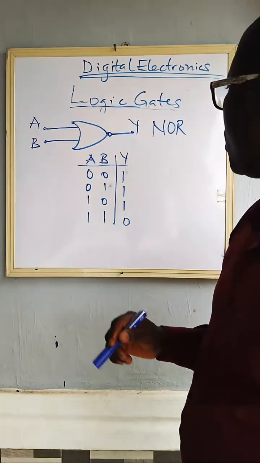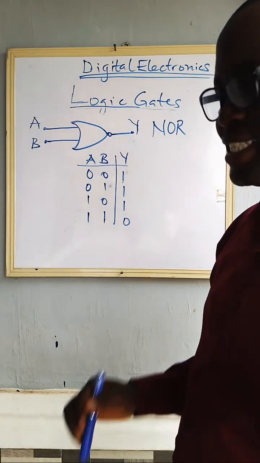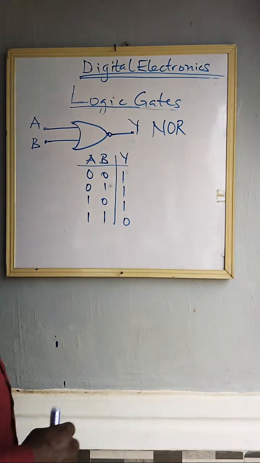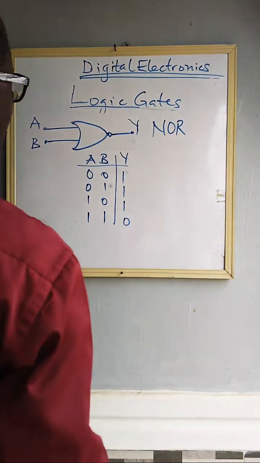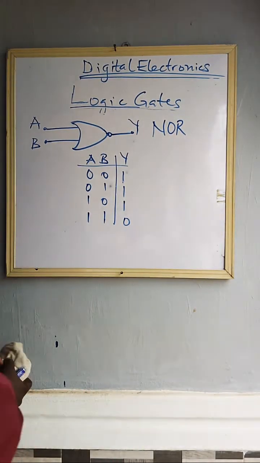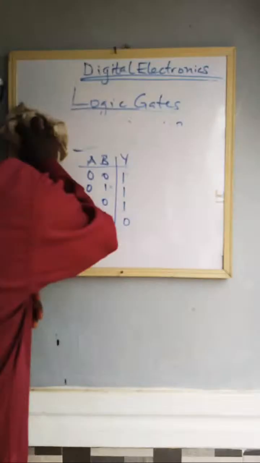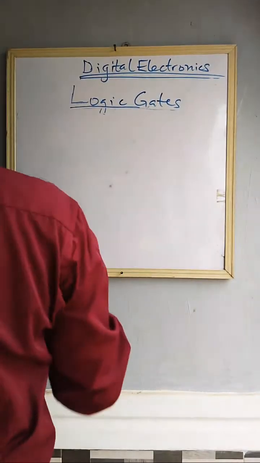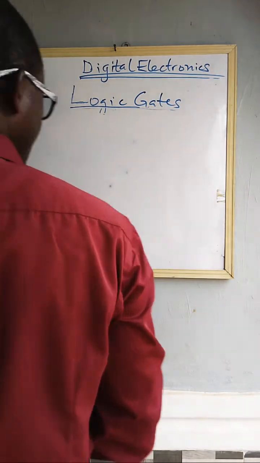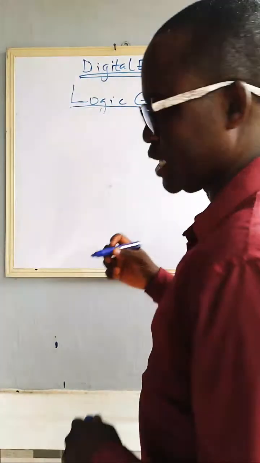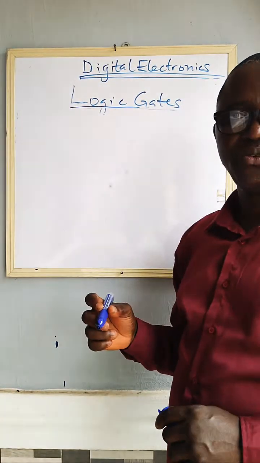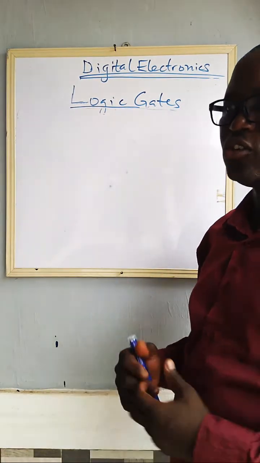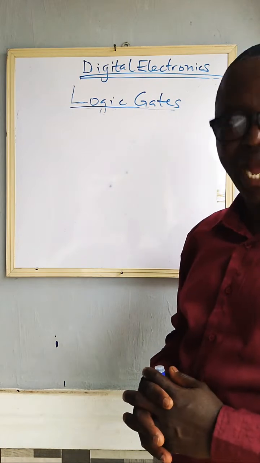Right now, we want to go on to the NAND gate. Now let's look at the behavior of the NAND gate in circuits. The NAND gate is also a direct opposite of the function of the logical AND gate.